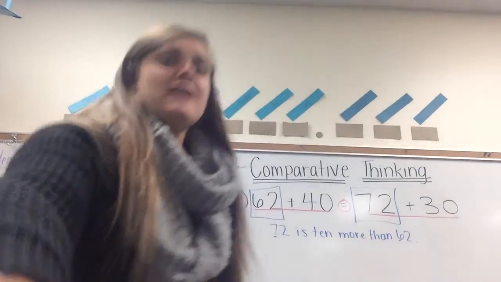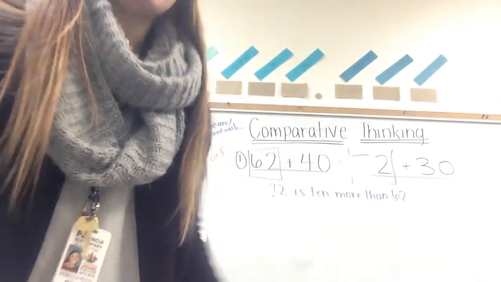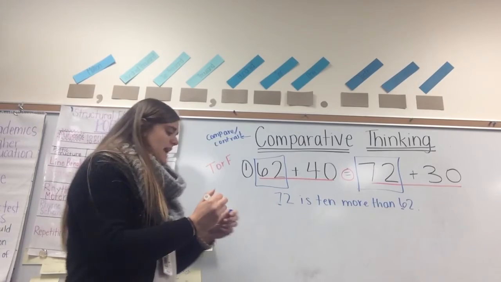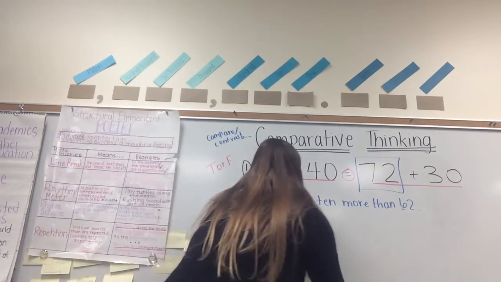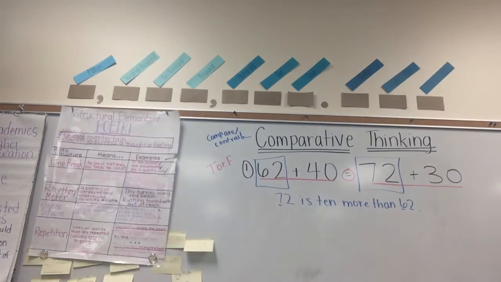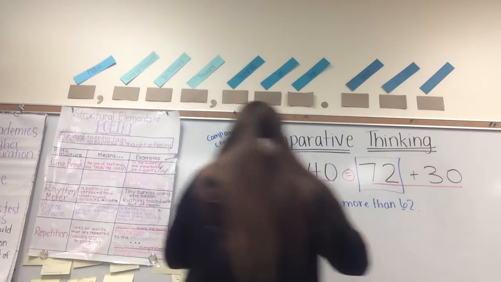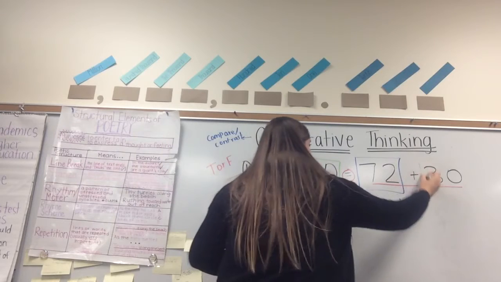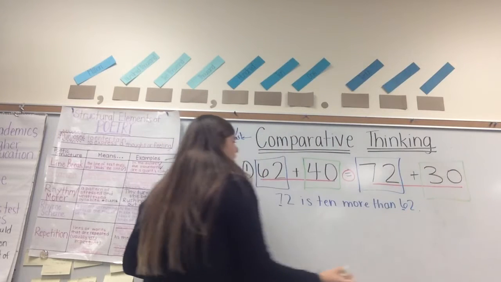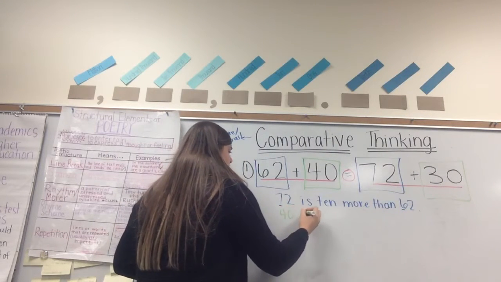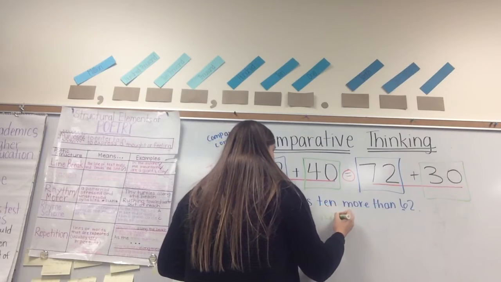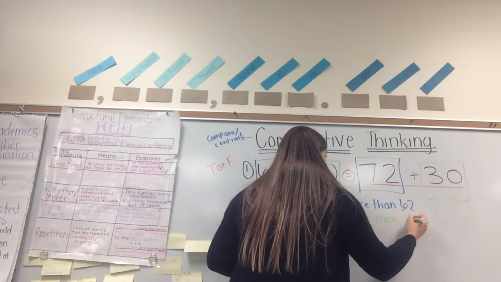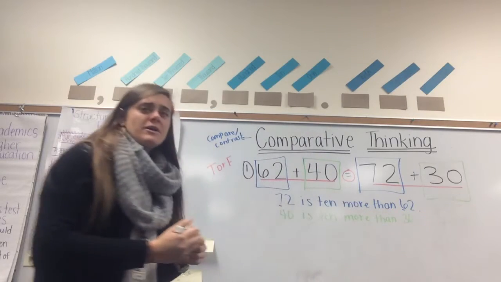So now we're going to have to think about this other side. Let me grab a new marker. Now we're going to look at the 40 and the 30. Well, 40 is 10 more than 30.